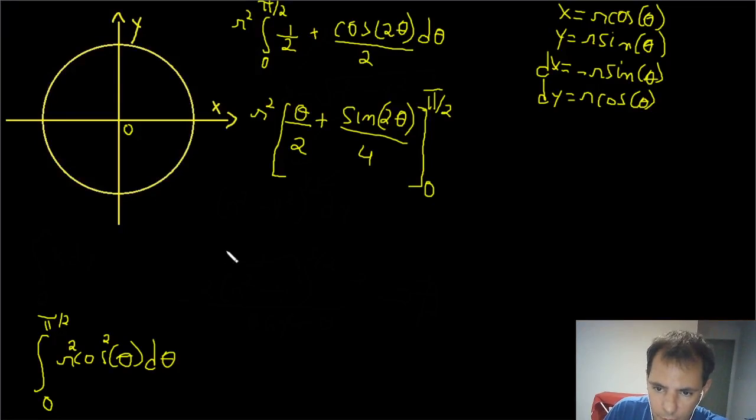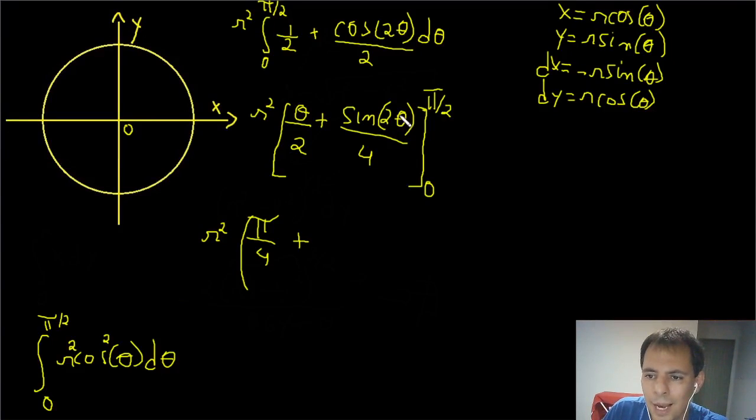So it's going to be r squared multiplying pi divided by 2 divided by 2 from the theta term, which is pi divided by 4, plus the sine of 2 times pi divided by 2. This thing here becomes pi, and the sine of pi is 0, so this becomes 0.